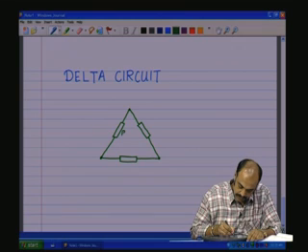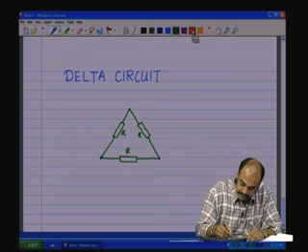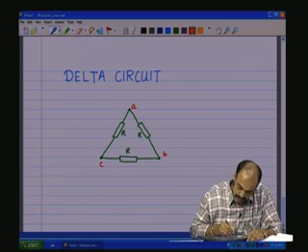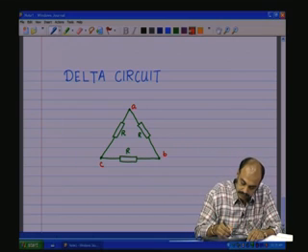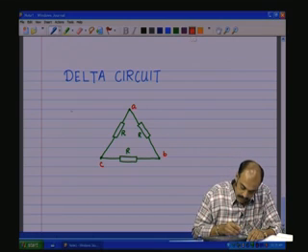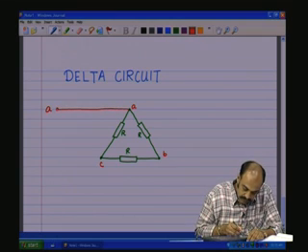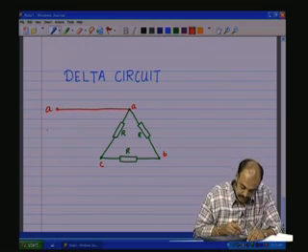It has of course 3 R's, 3 loads. And let us say we have the A terminal, the B terminal and the C terminal. Let us connect the A terminal to the A line of the source.